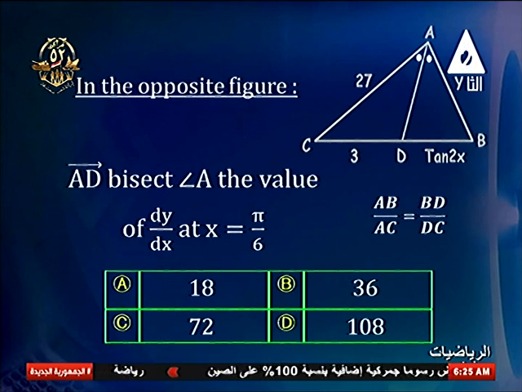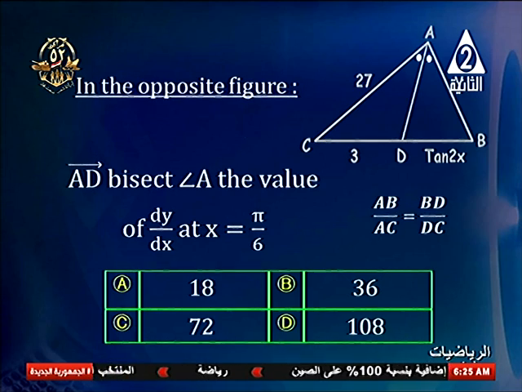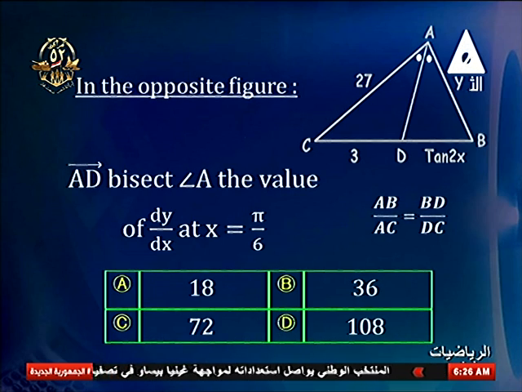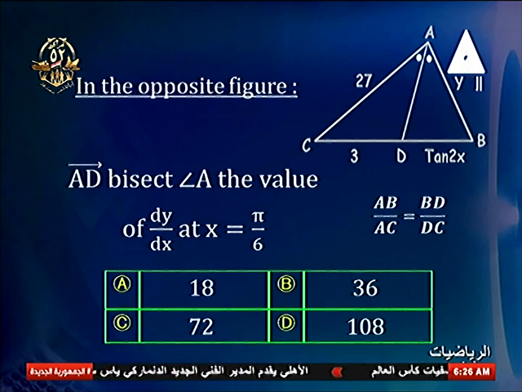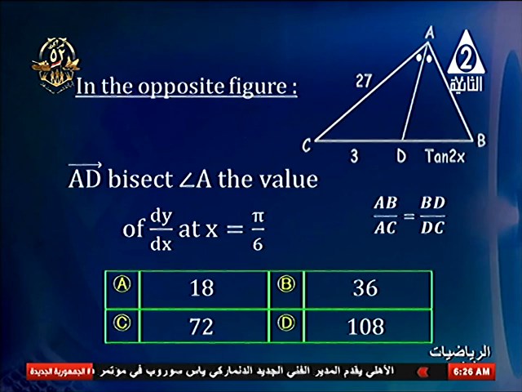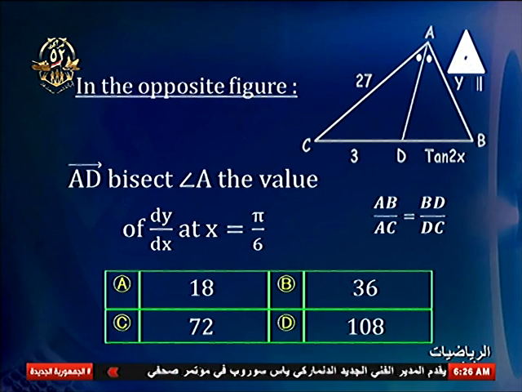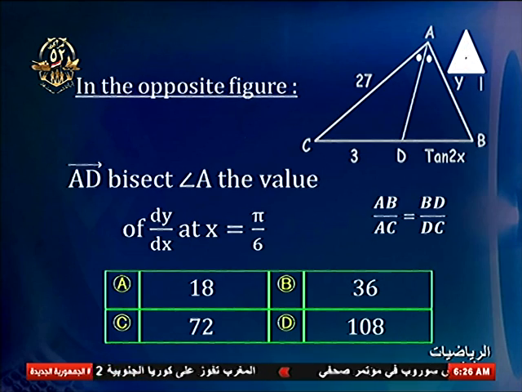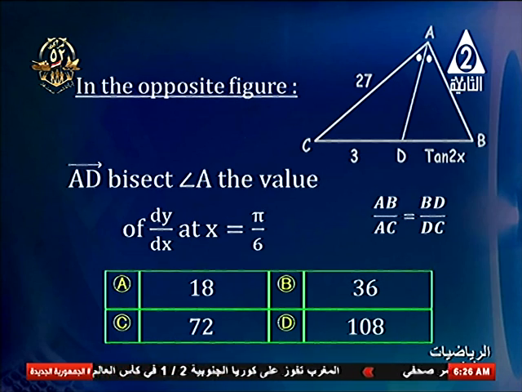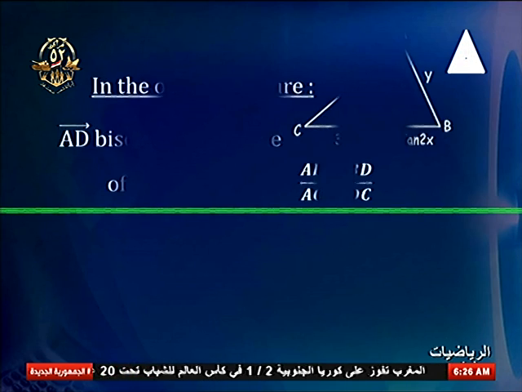When we have a bisector of an angle, the ratio between the two sides equals the ratio between the two parts of the base. What is the base? BC. The two parts are BD and DC. What are the two sides? AB and AC. Then, before we choose the correct answer, look at the relation.